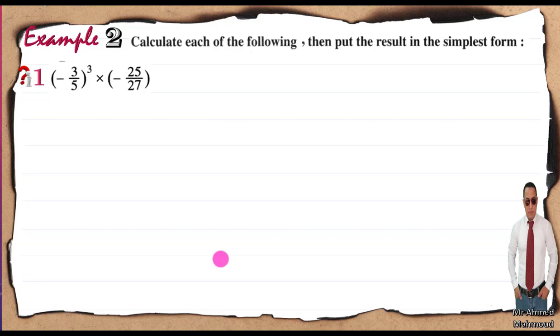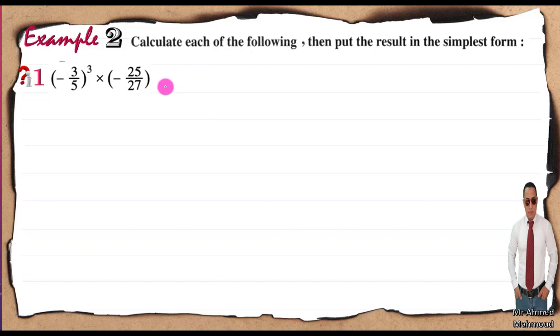Okay, in this lesson, inshallah, we are going to take more than one fraction, but they have different bases. 3 over 5 and 25 over 27, they are different bases. In the next lesson, inshallah, we are going to take the same operation but with equal bases, or the same base. Okay, now in this case, I'm going to evaluate every fraction separately like this.